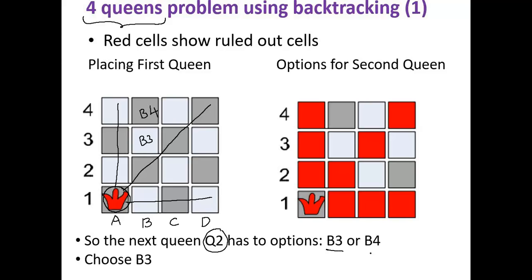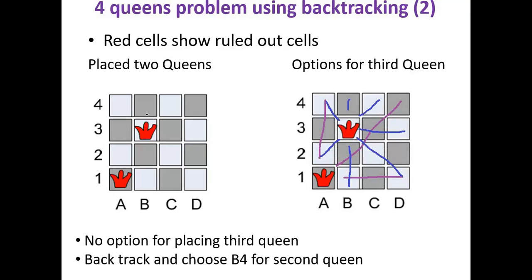There are two options, either B3 or B4. For example, I'm just placing the second queen in B3.